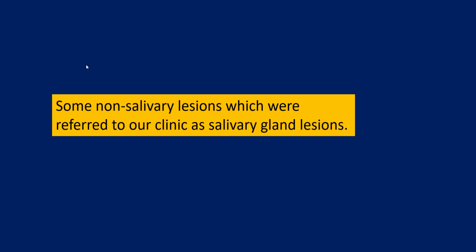Right. Now, let us move into some non-salivary lesions, which were referred to our clinic as salivary gland lesions. Now, some of them actually had imaging, and the radiologists didn't pick up these lesions as salivary gland lesions. They were sent to us as salivary gland lesions even after doing imaging.